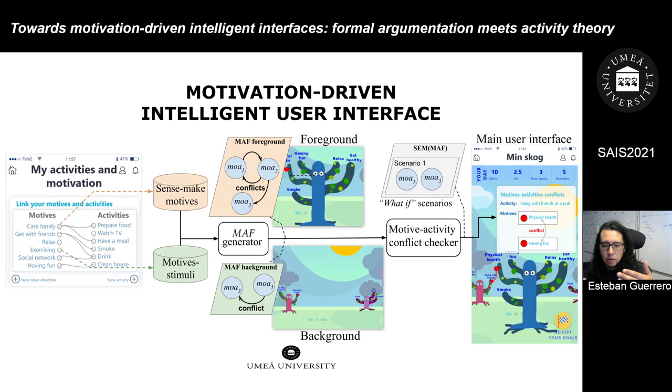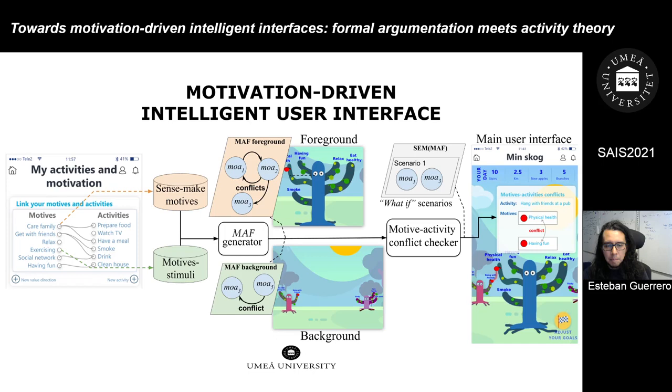That is the idea of an intelligent user interface using a formal reasoning process to show different types of motivation, activity, and interactions.